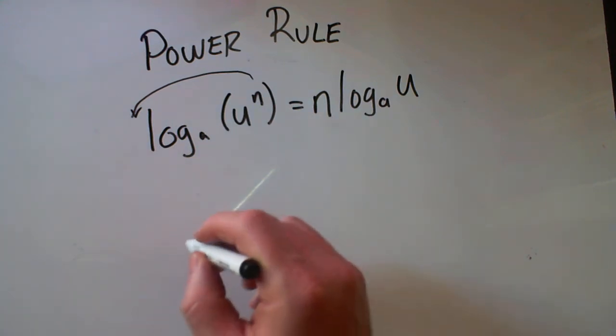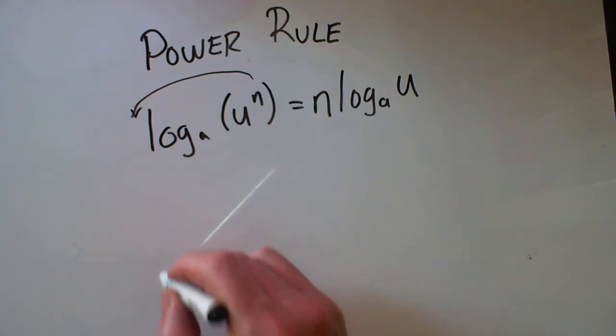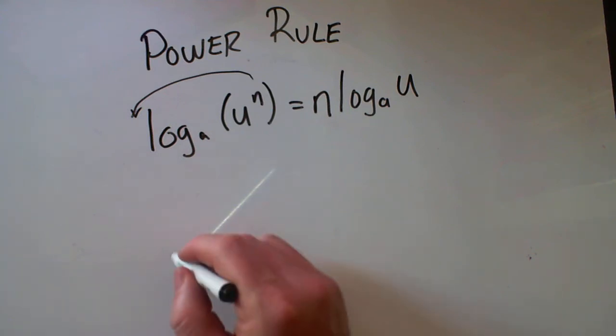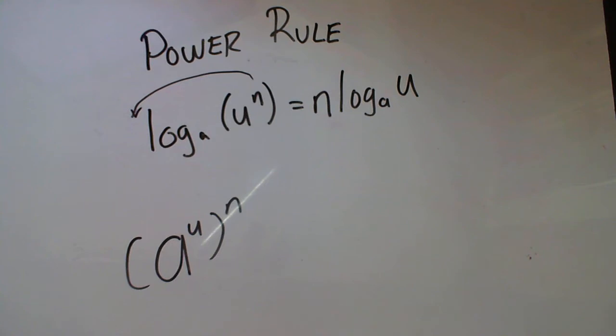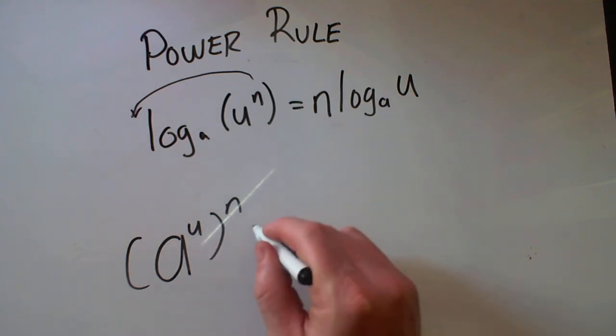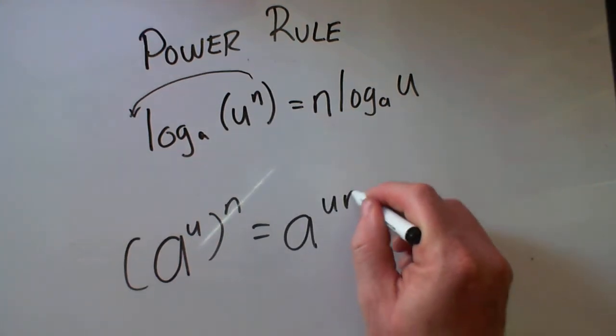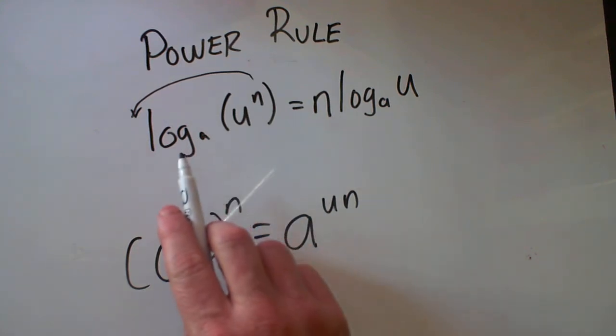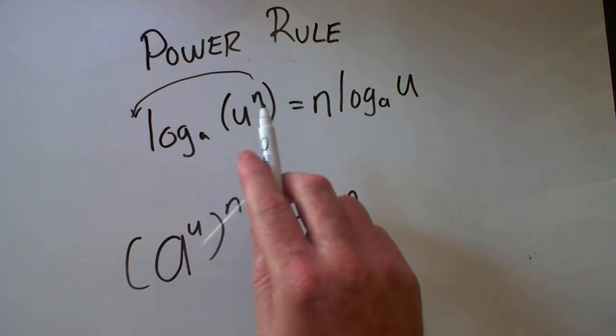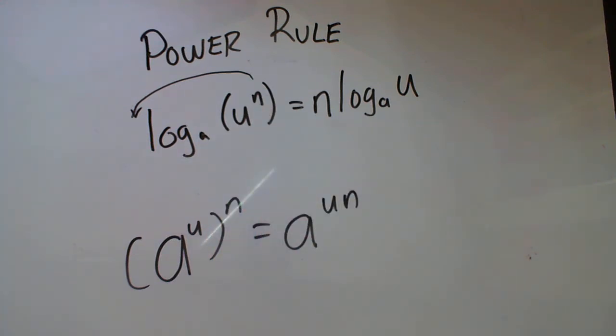This is along the same lines as when you take a power to a power, you multiply the exponents. So when you take a power to a power, it turns into multiplication. So when you've got a logarithm with a power in it, it turns into multiplication.